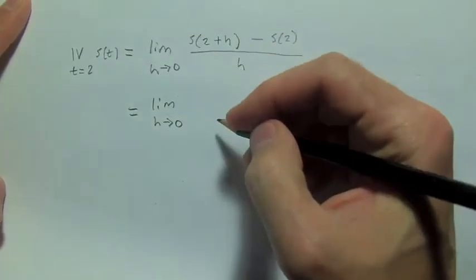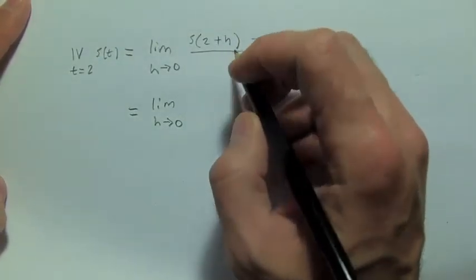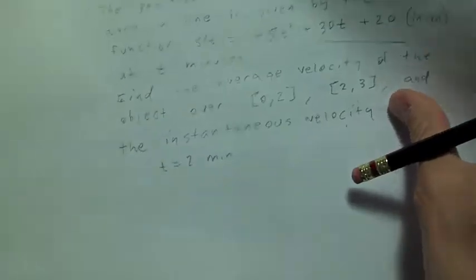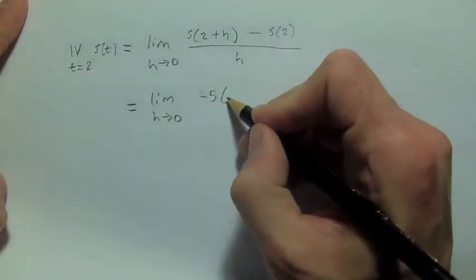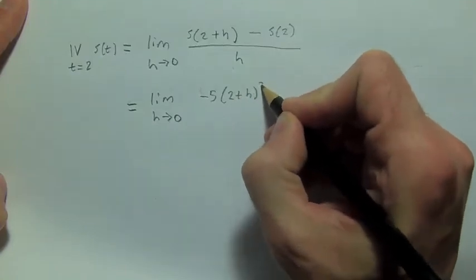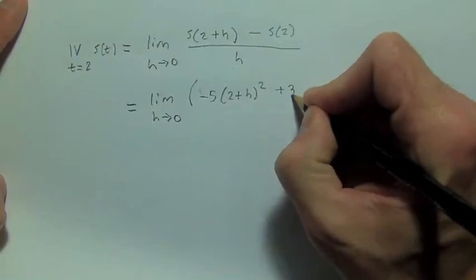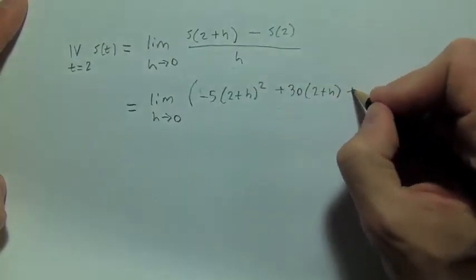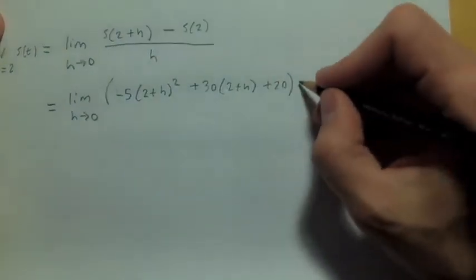So the limit as h goes to 0 of s of 2 plus h, well, if we remember what our function looks like here, that's going to be minus 5 times 2 plus h squared. I'm going to put the whole thing in parentheses here. Plus 30 times 2 plus h plus 20. And hopefully I have the room.